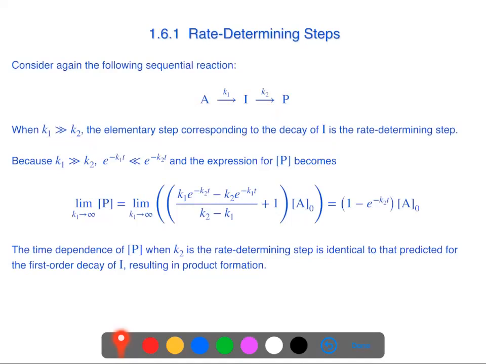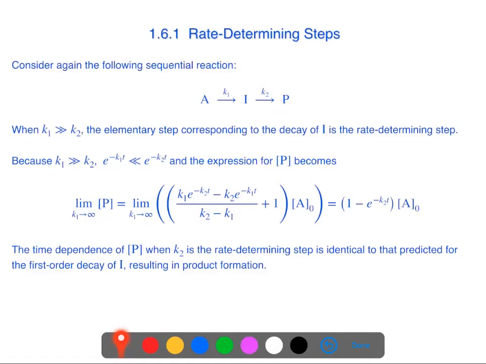So again, because K1 is much larger in magnitude, we're going to see the decay of A to I being much more rapid, occur much more quickly than the intermediate decaying to product. So therefore, K2 becomes the rate constant of the most important step, or rate determining step, in this particular sequence.